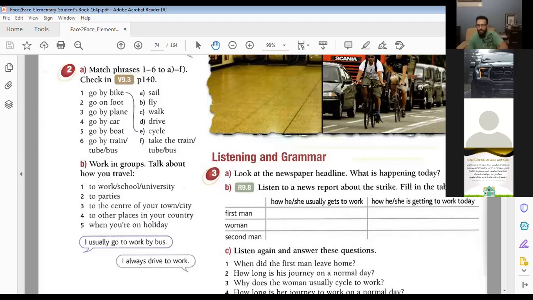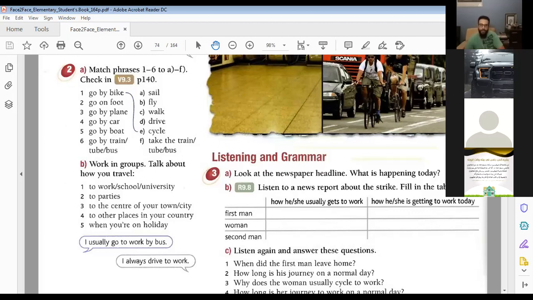What about holidays? Rashid, when you're on holiday, how do you get around? Holiday in Libya, for example. Usually by car. But for example, holidays abroad, not in Libya, how do you get around?